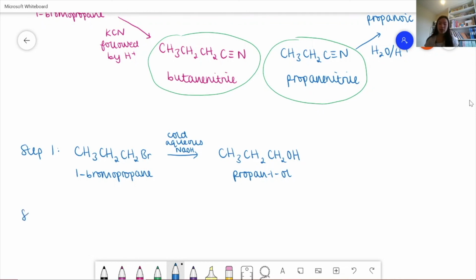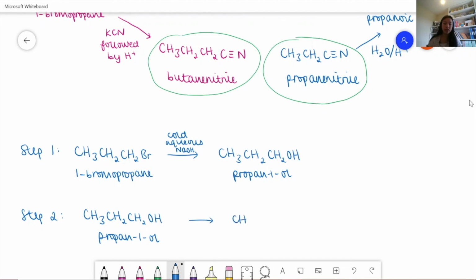And then step 2 is propan-1-ol. So CH3, CH2, CH2OH. And this will go on to form our propanoic acid.